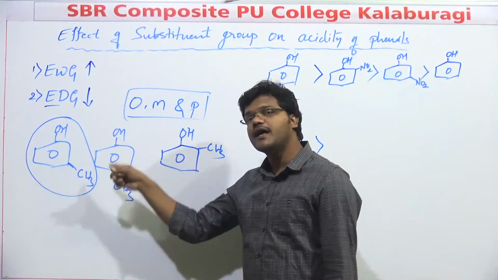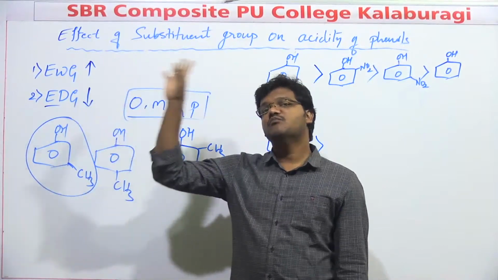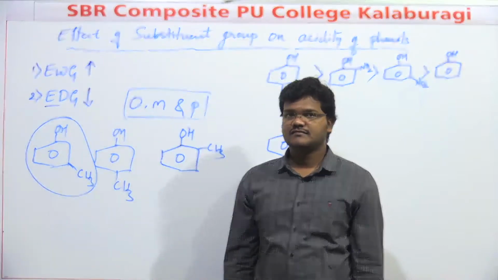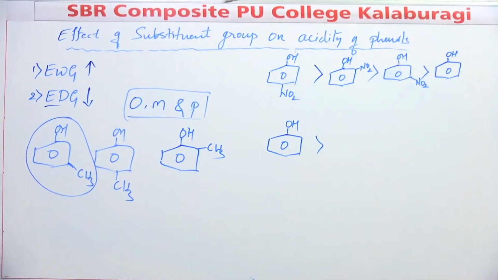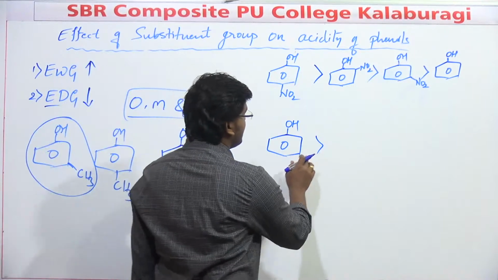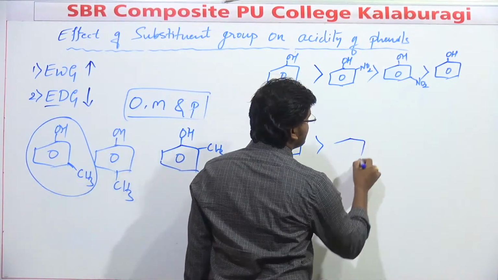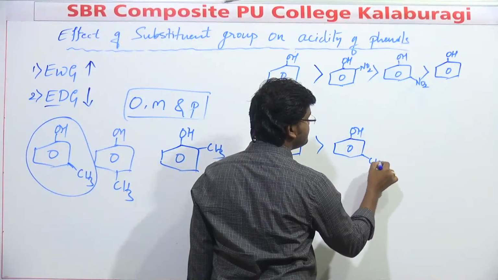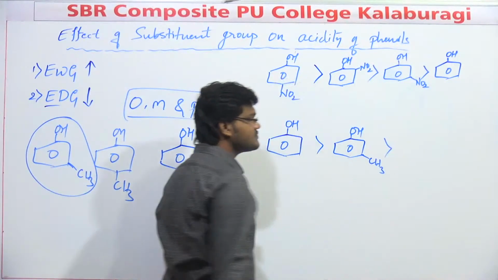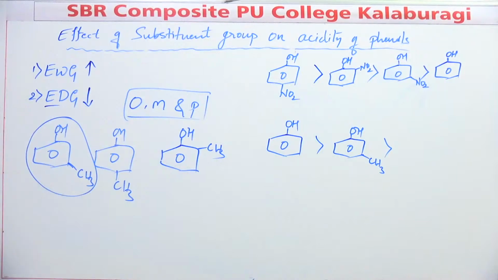Compared to ortho and para, meta is more acidic in nature. Very simple. So that is why after phenol I will write metacresol. Metacresol is more acidic in nature. So that is the order.